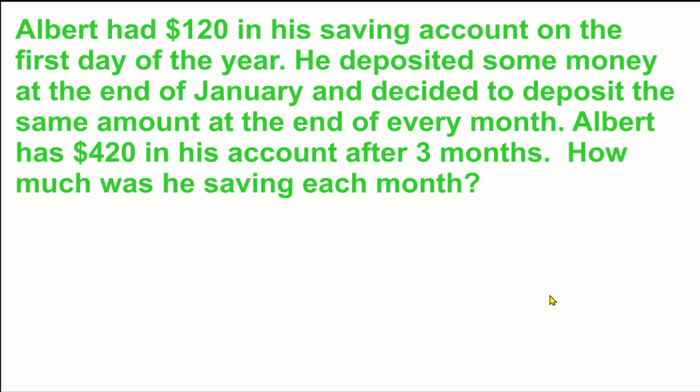All right, so let's look at this. Albert has $120 in his savings account on the first day of the year. He deposited some money at the end of January and decided to deposit the same amount. Albert has $420 in his account after 3 months. How much was he saving each month?